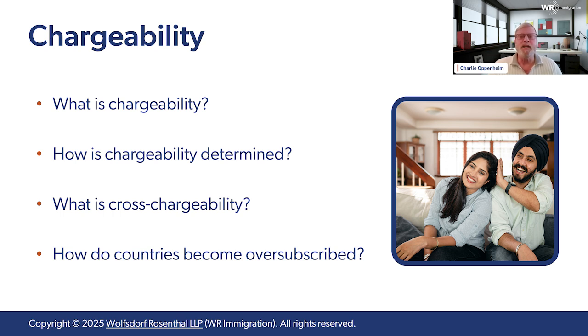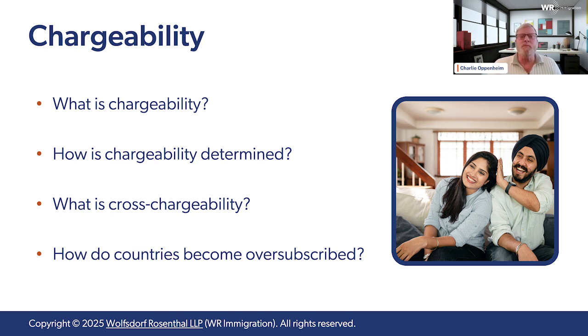So they assign a chargeability, and typically chargeability is determined by your place of birth. So if you were born in China and you're now a citizen of another country, that doesn't matter. It is your place of birth in China which governs the chargeability.